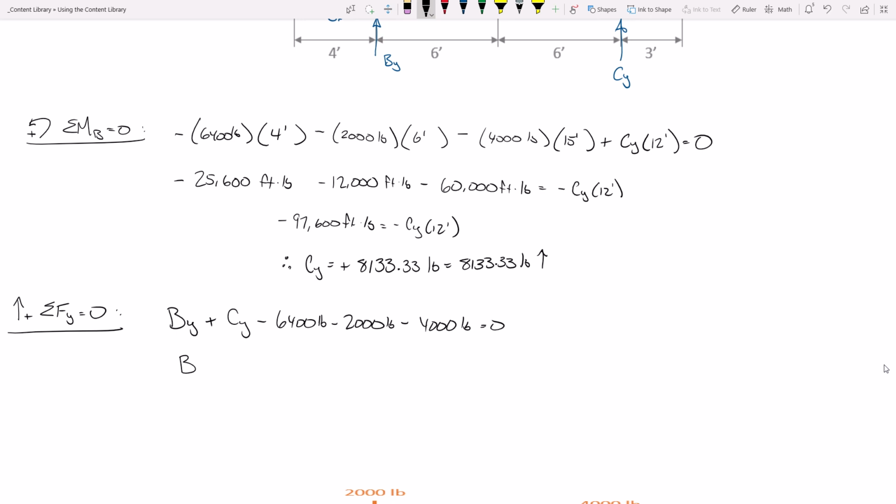So BY plus 8133.33 pounds minus 12,400. What is that?